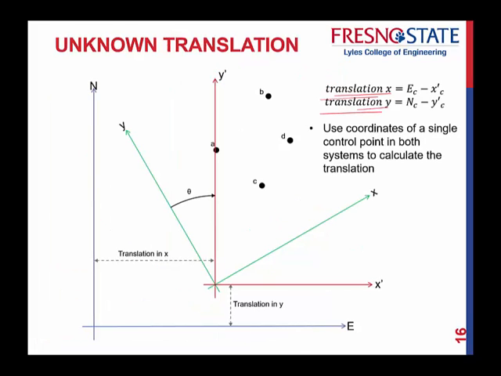So to find out what that translation is, we need to know what a point value is in the easting system, as well as the X prime system. You use a control point, which is known in both systems, or all three systems, to be able to figure that out.